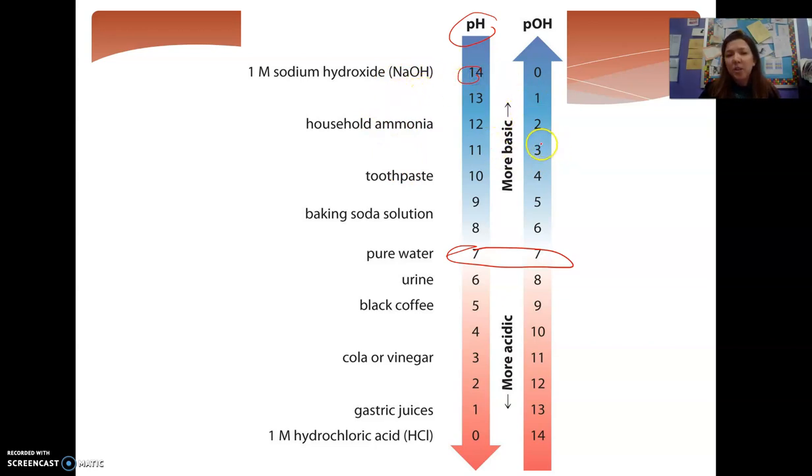The pOH is just opposite. It's your concentration of hydroxide ions. The pOH scale, under 7 is a base, and above 7 is an acid. So again, if you can just remember this one that you've probably known since elementary school, everything is just opposite on the pOH scale.